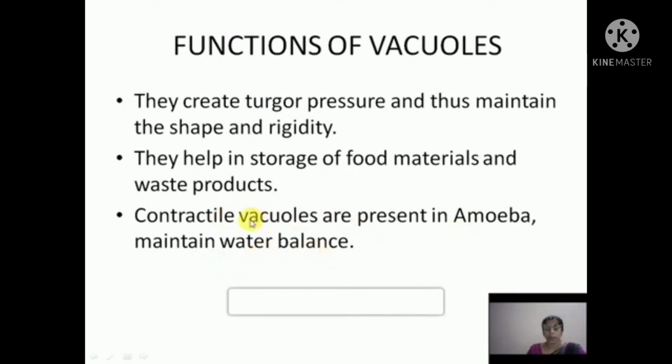See, these vacuoles are present in amoeba also. Why? Because the amoeba lives in water. So this amoeba has what? Contractile vacuole, and this also helps in what? Maintaining the water balance. Clear?